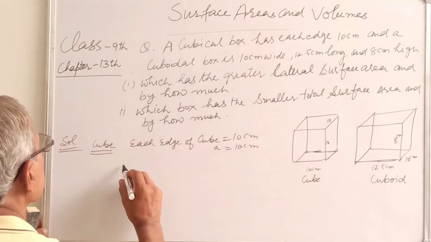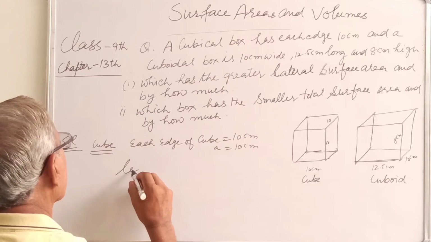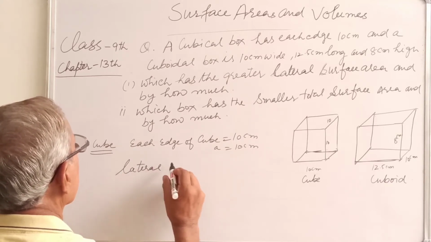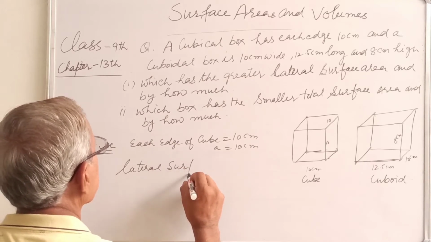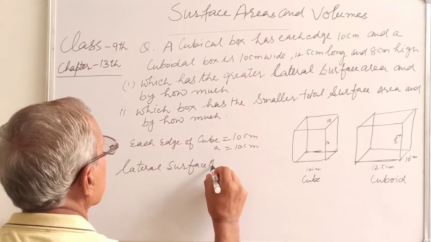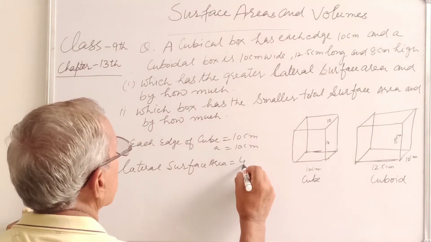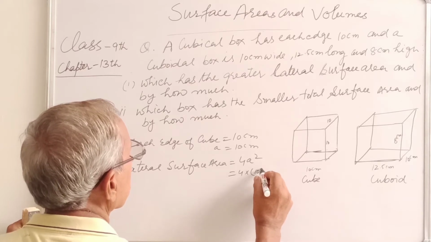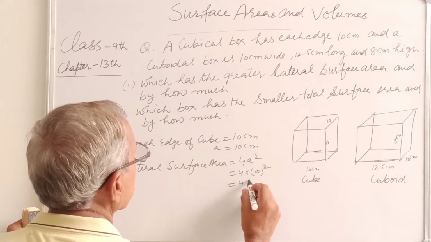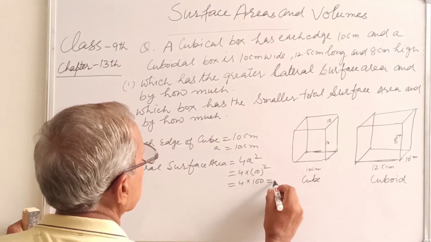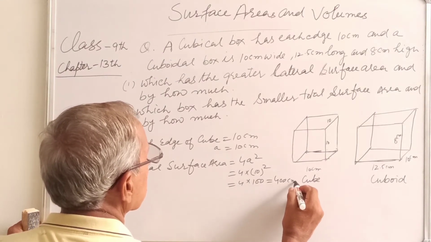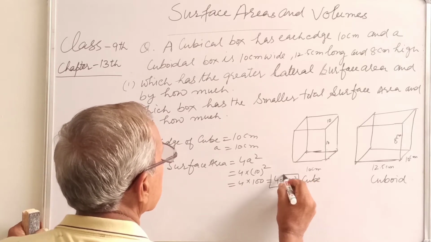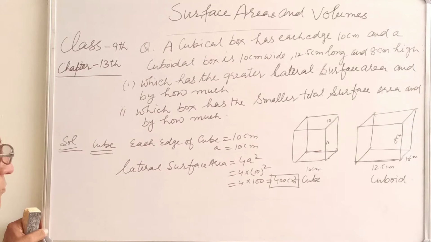The lateral surface area will be 4a square, 4 into 100, which is 400 centimeter square. That is the lateral surface area of the cube.